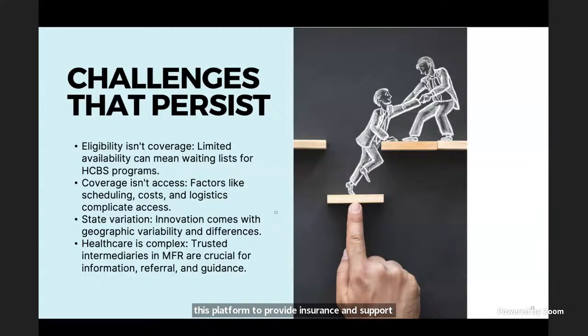Challenges persist. And as we wrap things up today, always remember that eligibility is not necessarily coverage. Limited availability can mean waiting lists, for example, for like HCBS waiver programs. It is wonderful to try to preserve individuals' eligibility, but that does not necessarily translate into coverage. And that's still a big friction point that we have.